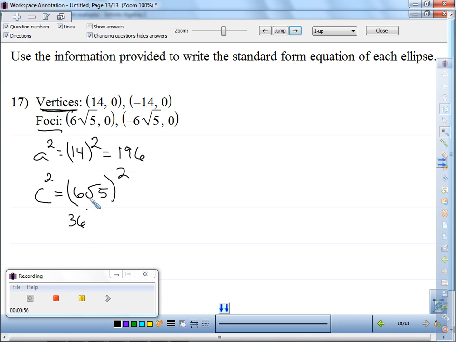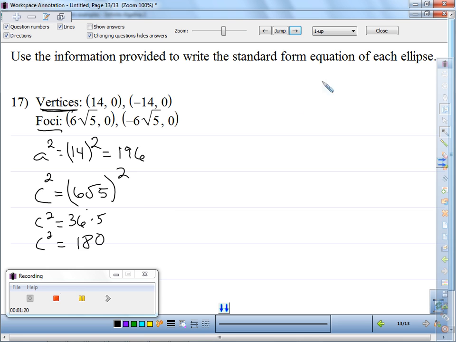Anytime you square a radical, you get the number that's inside of it out. So it's going to be 36 times 5. So what's 36 times 5? Okay, it's 180. Now we have C squared and we have A squared.